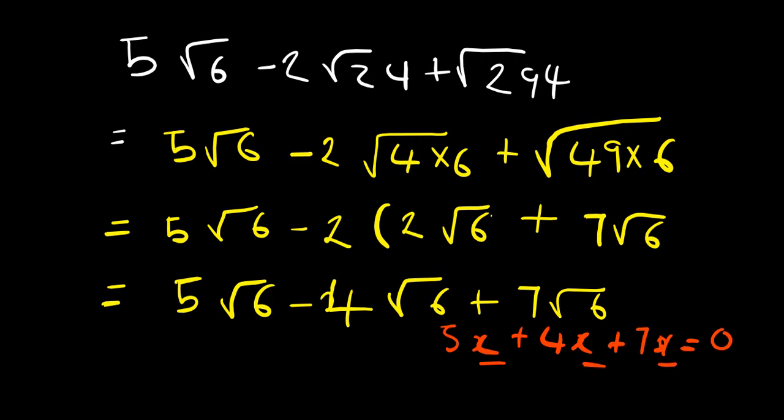So even in our case, we're just going to do the math. 5 minus 4 is 1, 1 plus 7 is 8. So we have 8, then the root is common, which is root 6. So that is our answer for this problem.